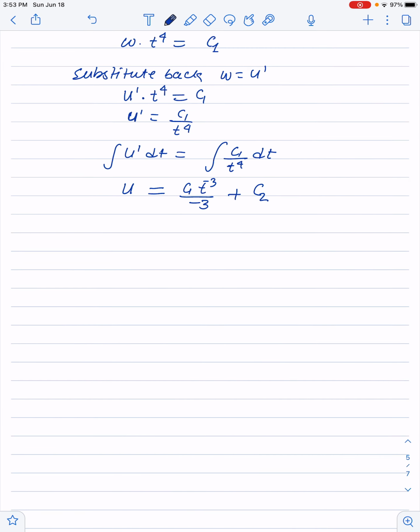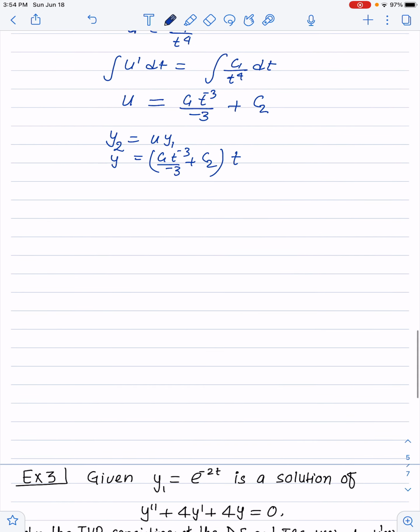Now you can choose some values of the constant so that y1 and y2 are independent. Here I'm not choosing right now, but we can choose it. Okay, let's just find y2. y2 is u times y1, where u is c1 t to the negative 3 over negative 3 plus c2, times y1. y1 was t, so I just plug it in to get the value of y2.